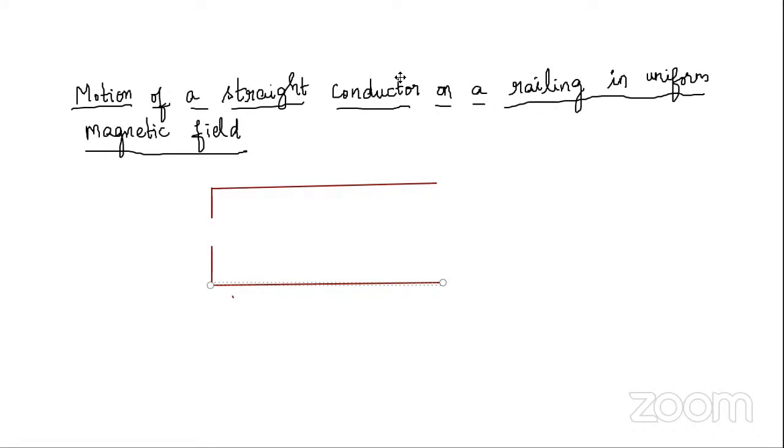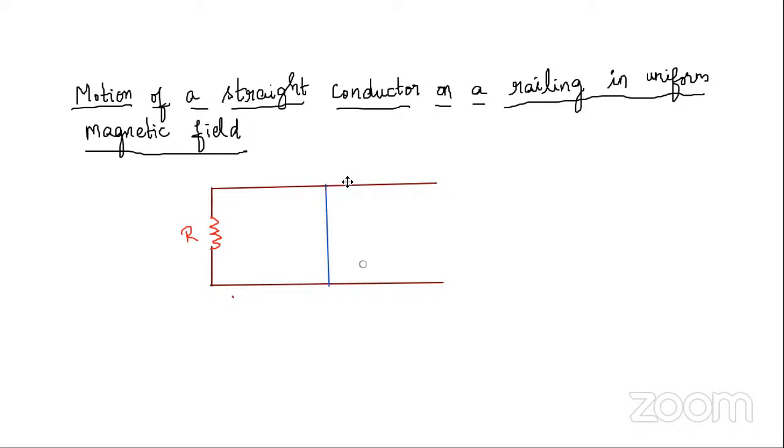So in this rail, you have a resistance represented by capital letter R. And you have a rod, that is the straight conductor. The straight conductor can be represented by this thing.